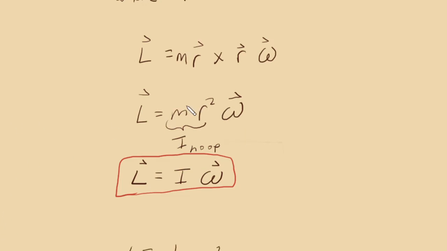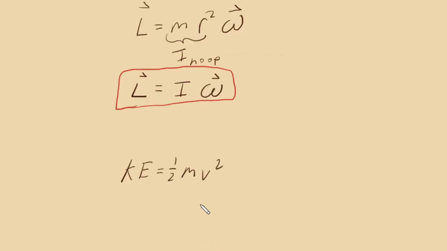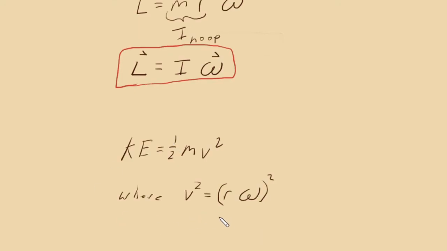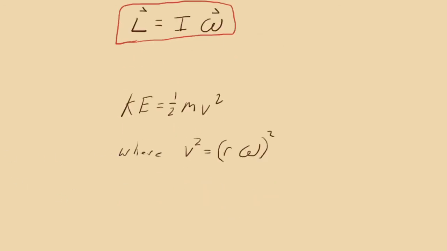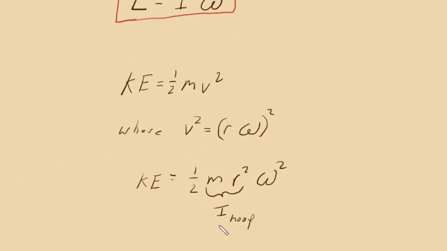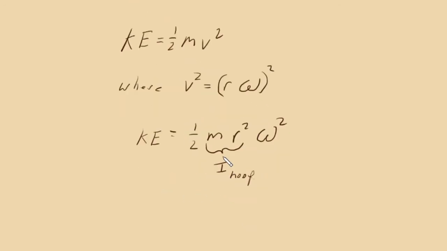And so we could do the same thing with kinetic energy. We have translational kinetic energy equal to 1/2 mv squared. Our velocity squared is equal to r omega squared. Same relationship we used before, we're just squaring it. We could substitute that in for our velocity squared, and we see the same term, our mr squared, or the I of a hoop.